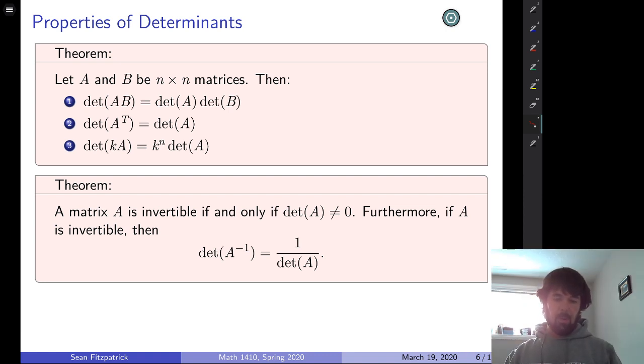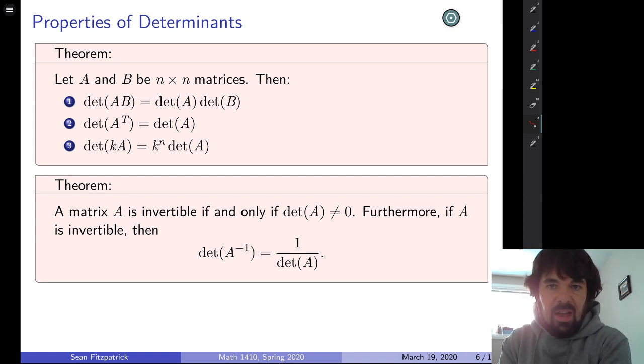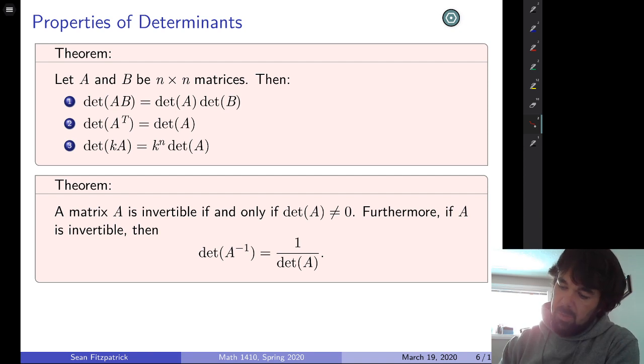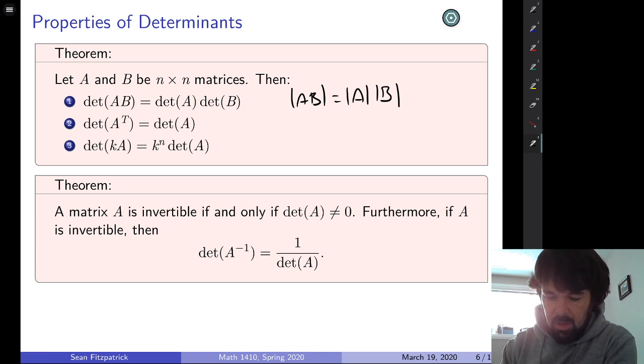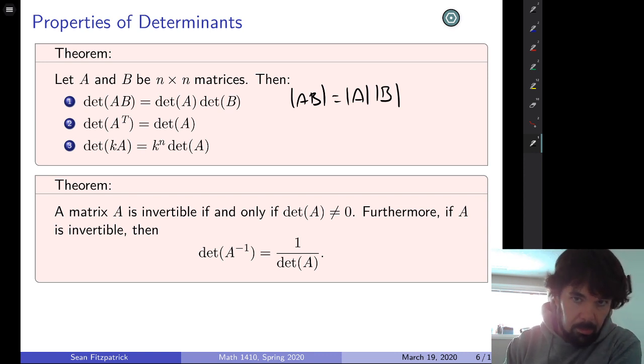Okay, here are some properties of determinants. This was my very last slide from a week ago that we didn't quite get to. Determinant has some nice properties. It works well with respect to multiplication, right? If you like to use the vertical bars for determinant, this is saying that the determinant of AB is the determinant of A times the determinant of B. It makes sense that taking the transpose doesn't do anything, because you can expand along a row or a column, right?